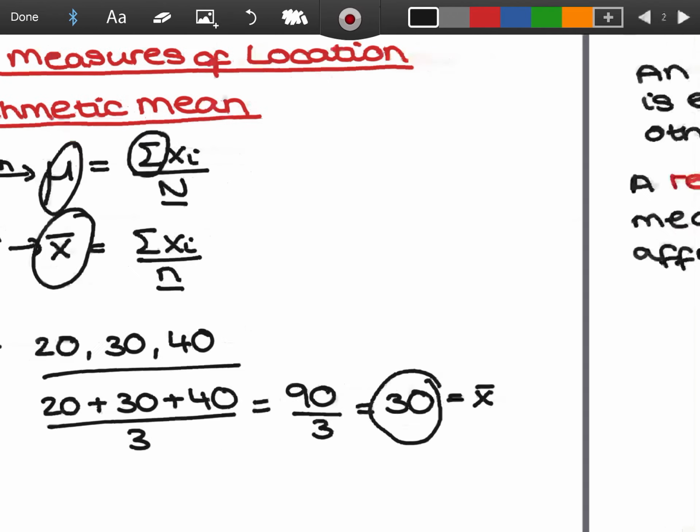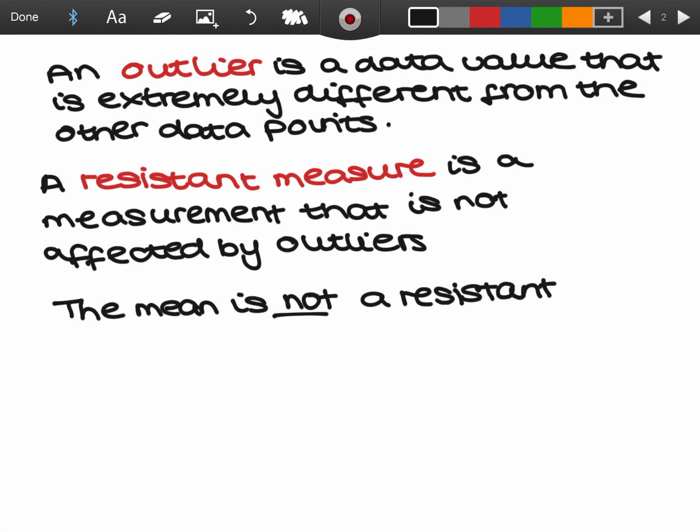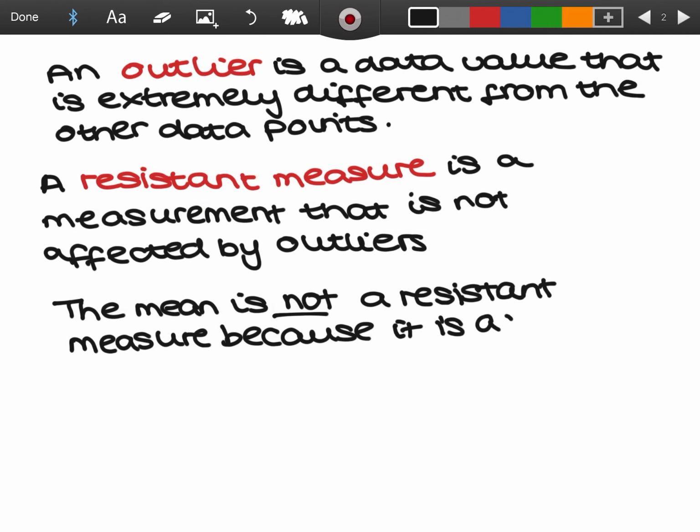An outlier changes its value, and sometimes quite significantly. So the mean is not a resistant measure, because it is affected by outliers.